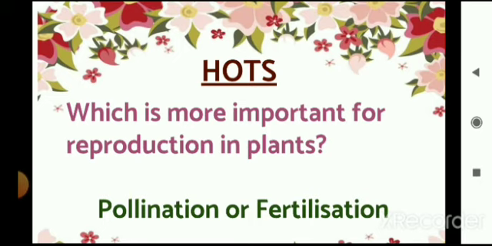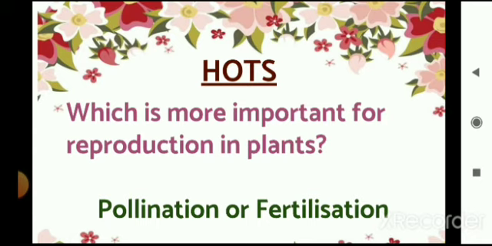Or are both important for the process of reproduction in plants? Class, think about this question. Take some time and think about it. The answer to this question we will discuss in our recap and correction class.